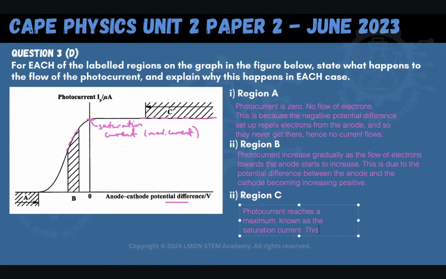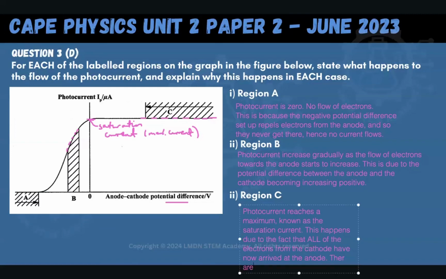This happens due to the fact that all of the electrons from the cathode have now arrived at the anode.